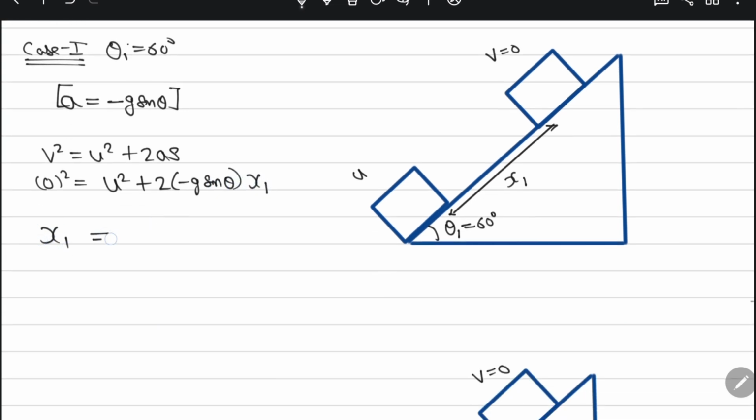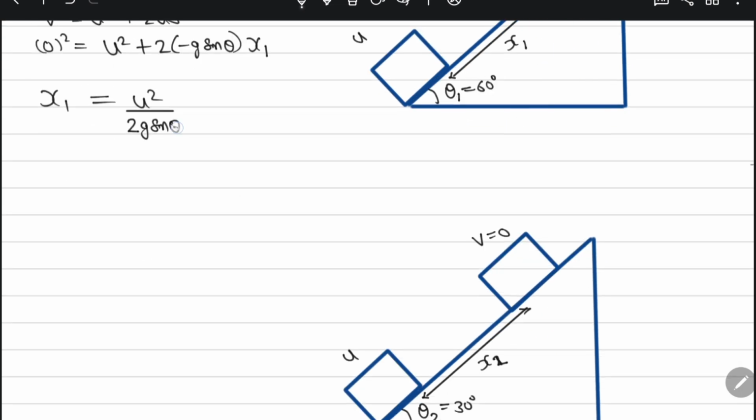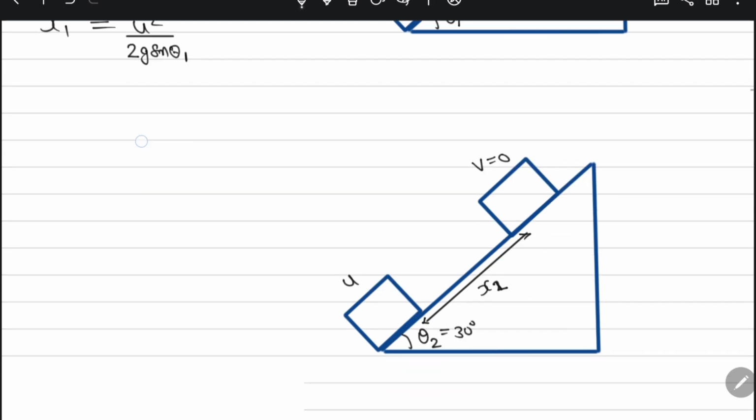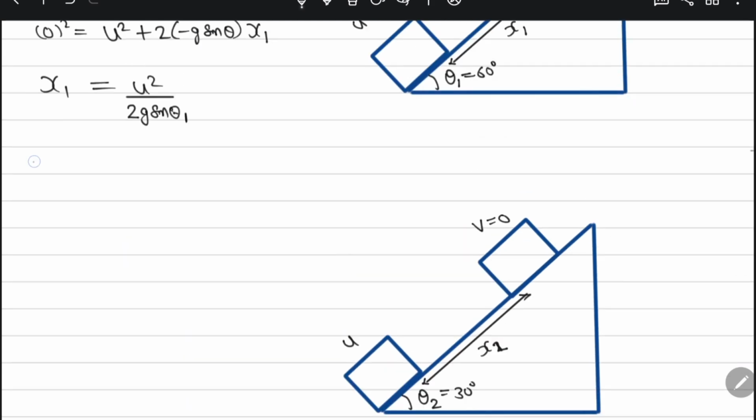So I see that x1 is basically u square upon 2g sine theta 1, and in a similar way you can see that x2 also comes out to be u square upon 2g sine theta 2.